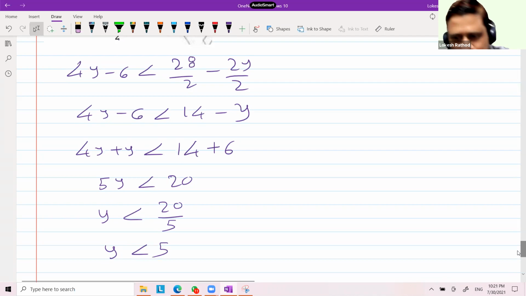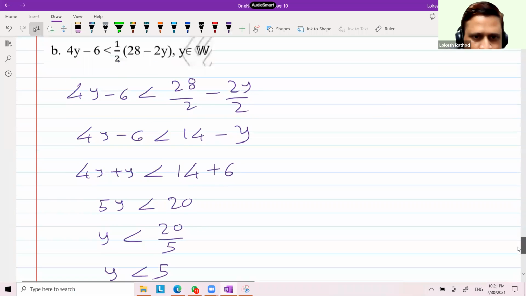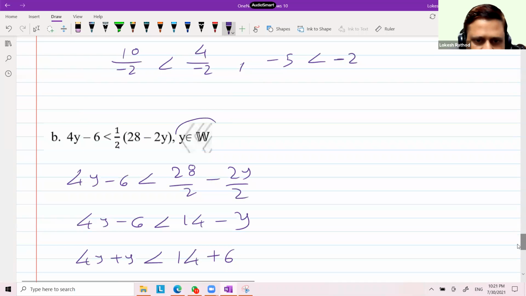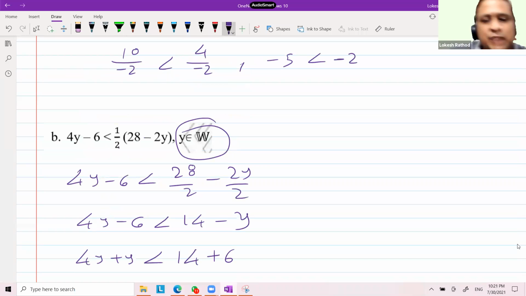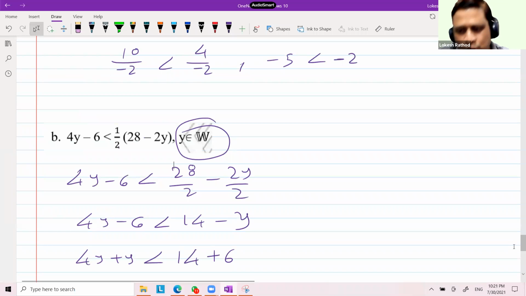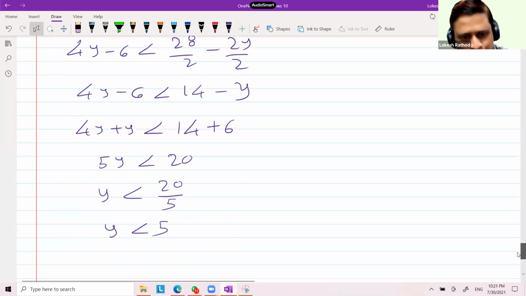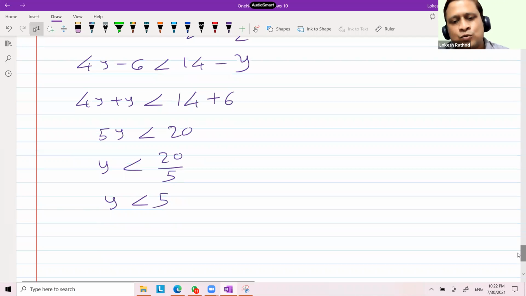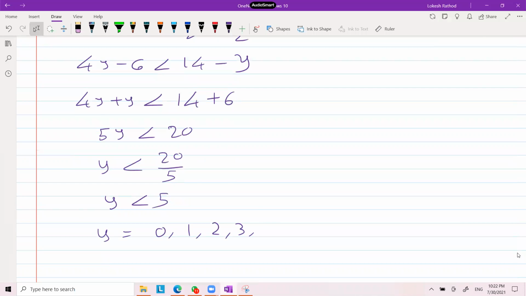Now, they have given a condition. What is the condition? y belongs to W, meaning y is a whole number. So what are whole numbers? 0, 1, 2, 3, 4. So y is equal to 0, 1, 2, 3, or 4. y can be any of these numbers.